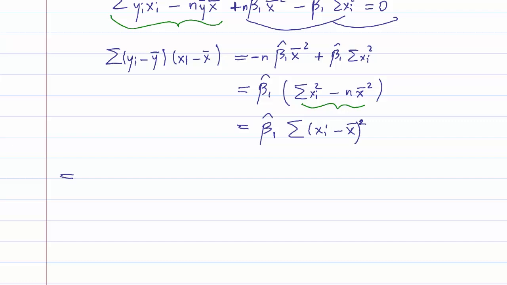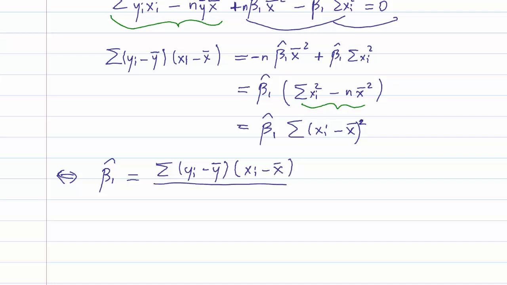So if we reorganize this a bit, we have beta 1 hat equals the sum of yi minus y bar, xi minus x bar, over the sum of xi minus x bar square.